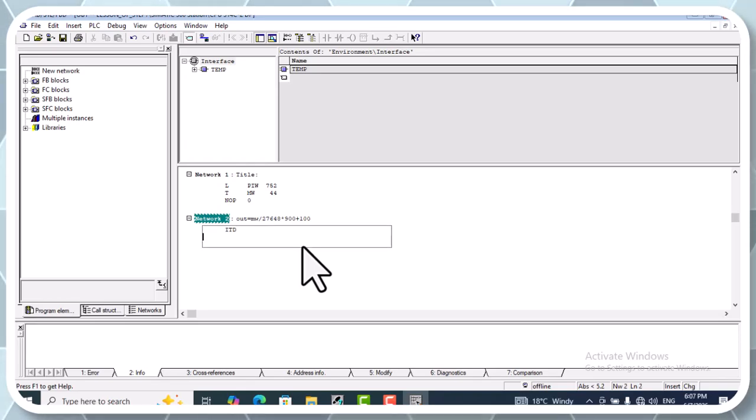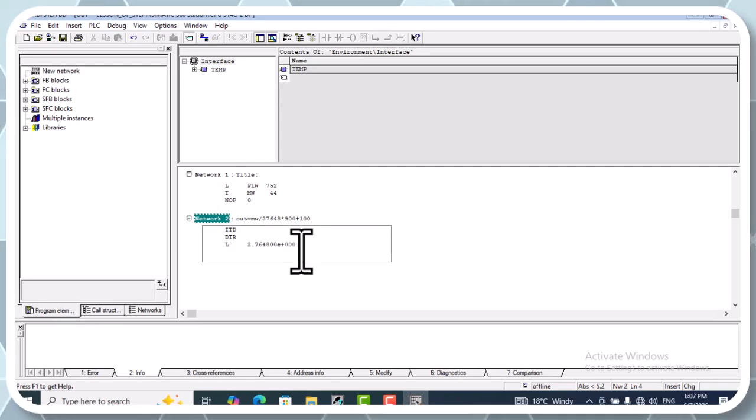ITD, then we use DTR, then we use our stack L, and here we write the value 27,648.